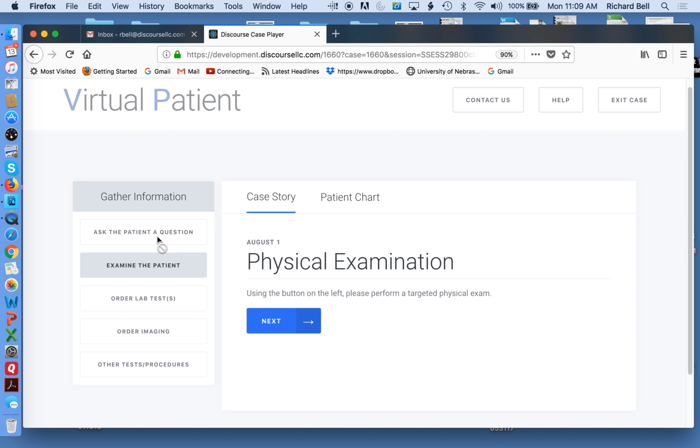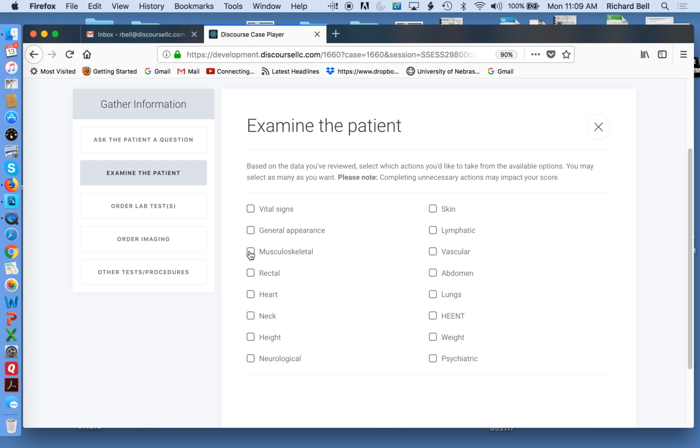Then they get a chance to do the physical exam, and they can do as much of this as they want. Probably winds up being essentially everything.